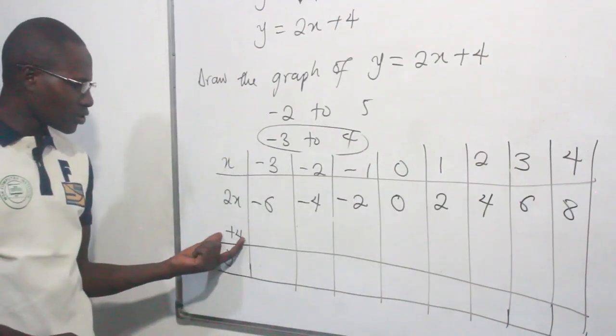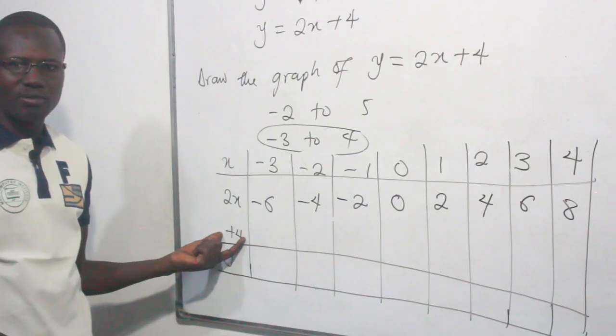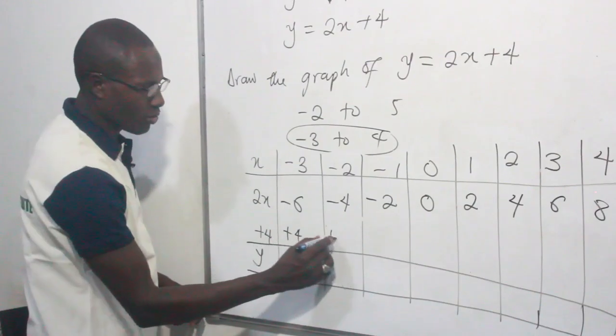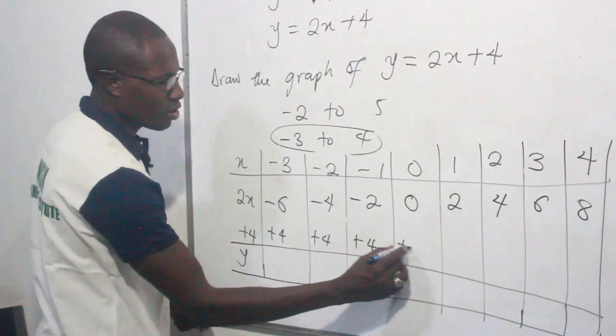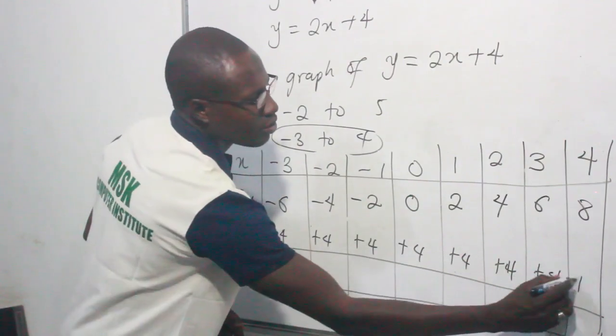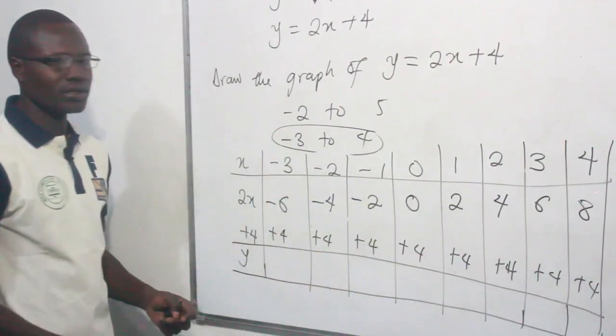Now, this is a constant value without any variable in it. So transfer all the values here: +4, +4, +4, +4, +4, +4, +4. So the table is completed.